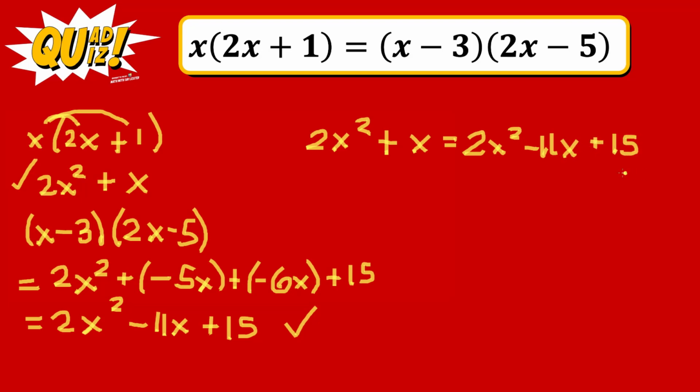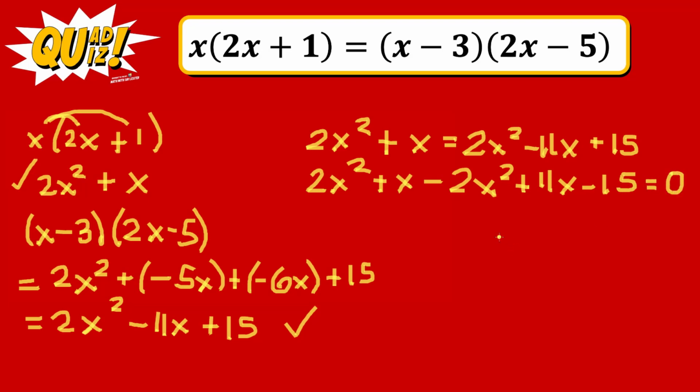To get the standard form, let's move all of these terms on the other side by either applying the correct properties of equality or transposition method. So you will have here 2x squared plus x. Then you will be subtracting both sides by 2x squared, you'll be adding both sides by 11x, and you will be subtracting both sides by 15, and what retains on your right hand side is simply 0.